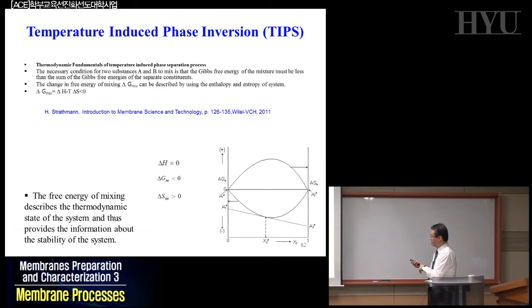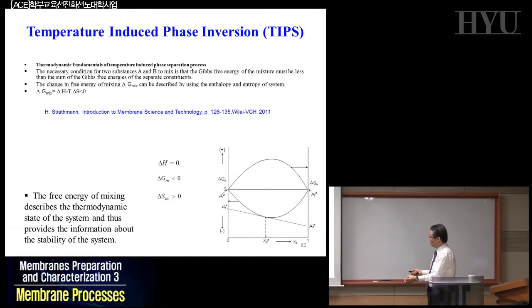So your polymer content will be changing as a function of the Gibbs free energy of mixing here in the y-axis, and another y-axis is delta SM, which is plotted here. So delta SM is always positive, as you can see here, whereas delta GM is always negative when you have a spontaneous mixing of your mixture. Right?